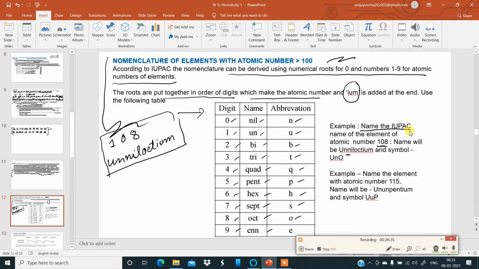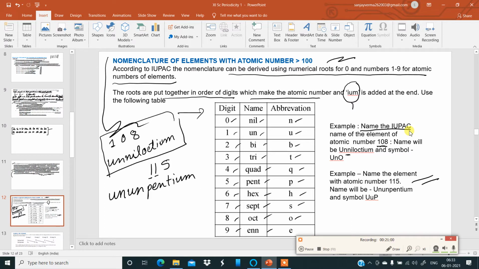You can take another example with atomic number 115. The one is again un. Another one is there, so another un. Then there is 5, and for 5 you write pent. Then at the end put IUM.